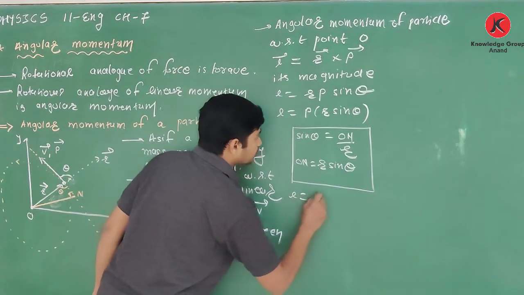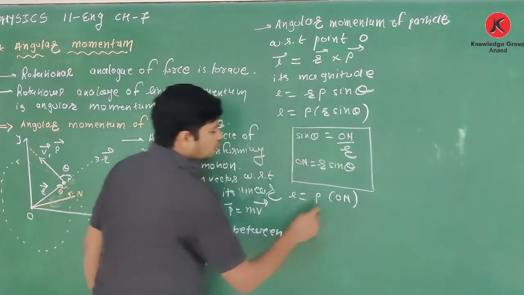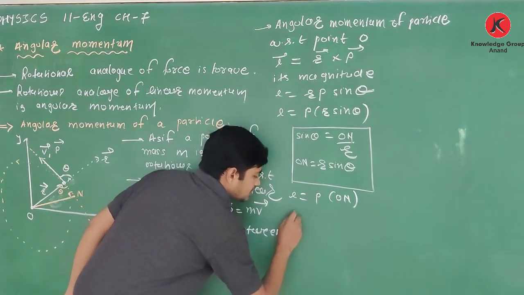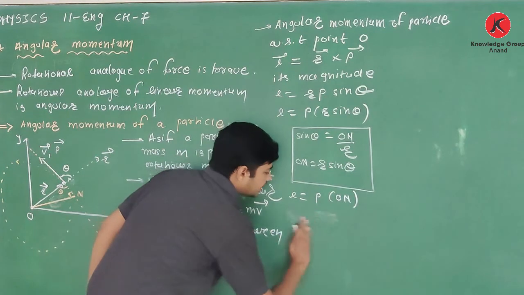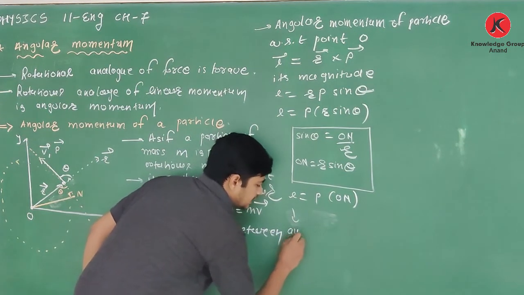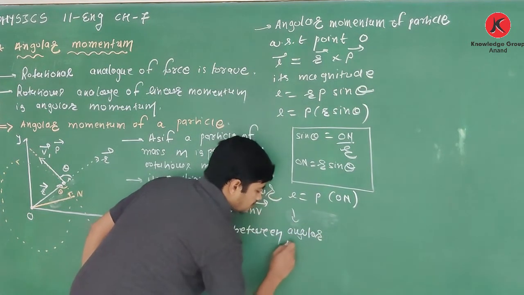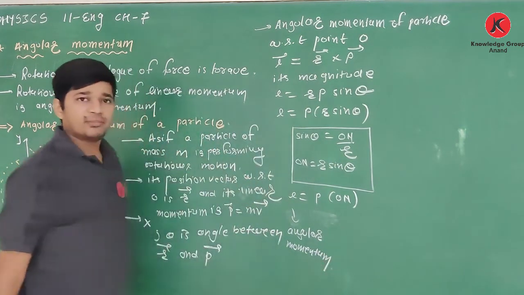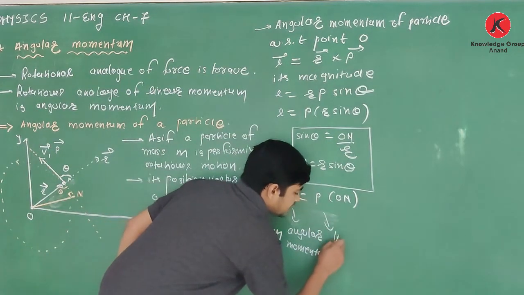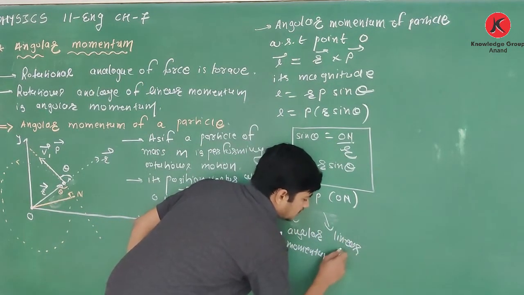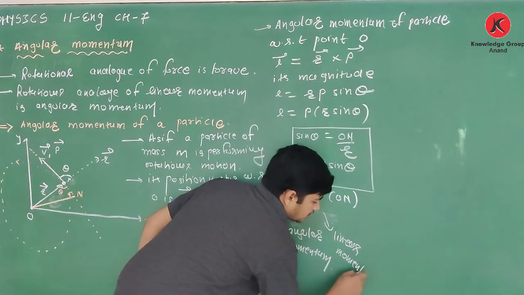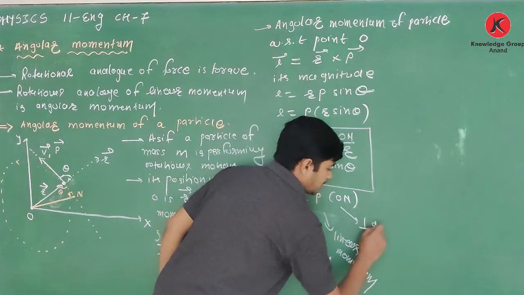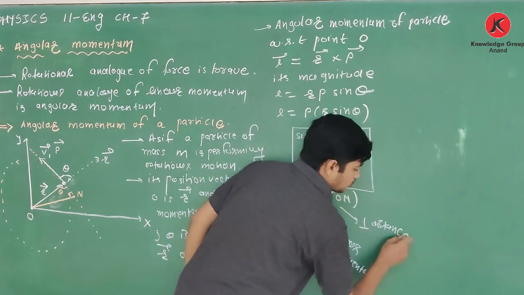So here I can write L is equal to P times ON. Here L is called angular momentum, P is called linear momentum, and ON is called perpendicular distance.